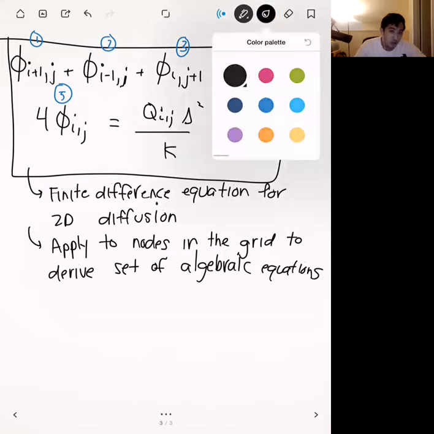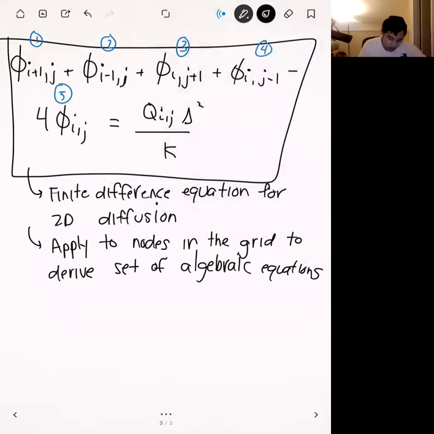If you remember, in class we drew what I call the stencil, which is basically this cross formation where the center of the cross is i,j. That's the node that we're applying this to.